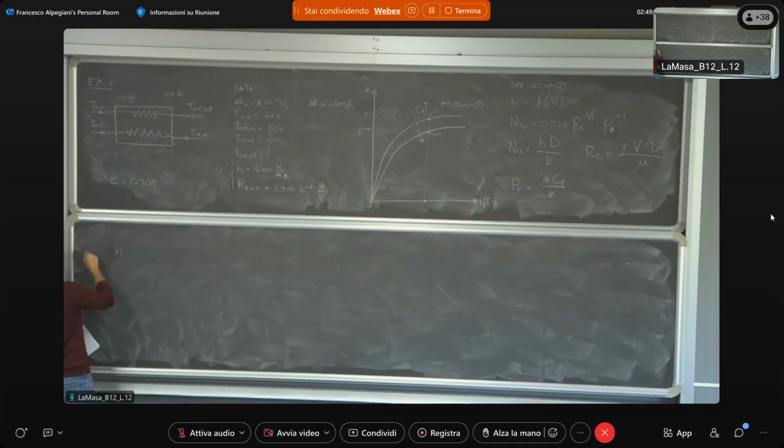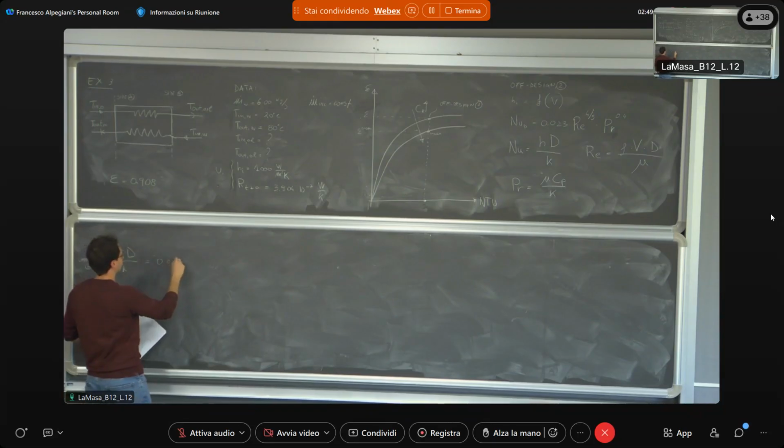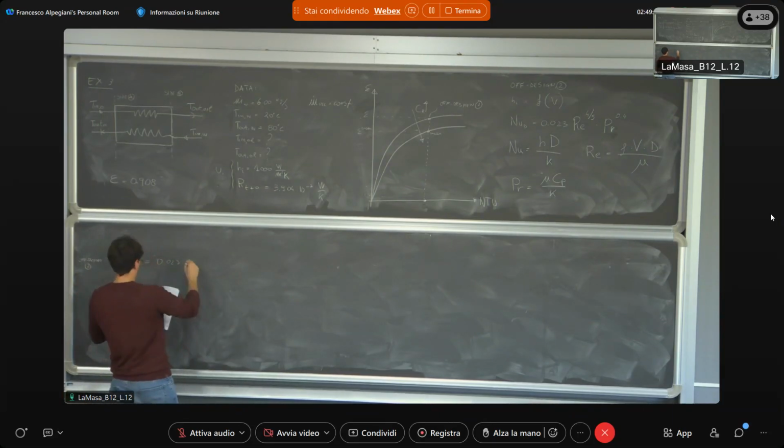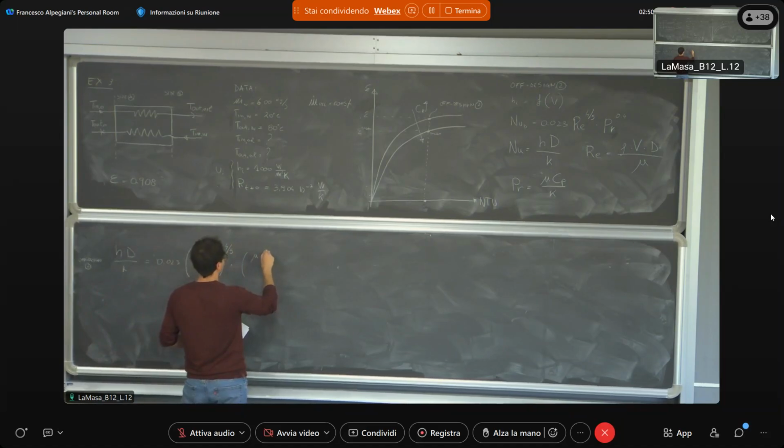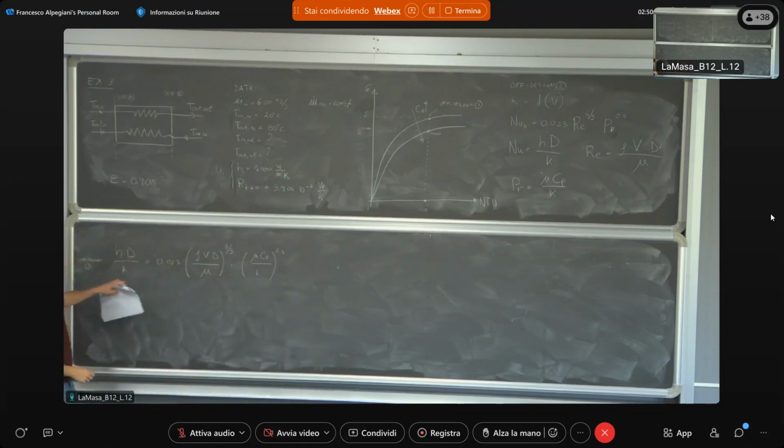So we have, in the off-design condition number 2, that the Nusselt, which is equal to h times D divided by k, is equal to 0.023 times the Reynolds number, so rho times V times D divided by mu, at the power of 4 divided by 5, times mu times Cp divided by k at the power of 0.4. Essentially, I just rewrite the Dittus-Boelter equation explicitly showing the dimensionless numbers.